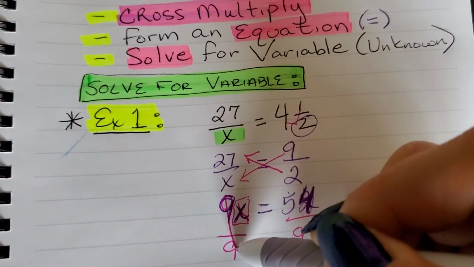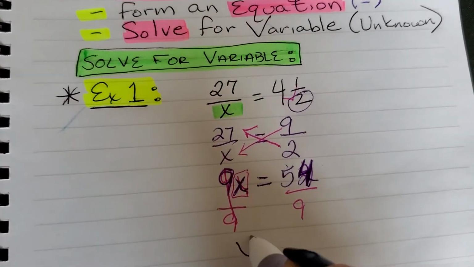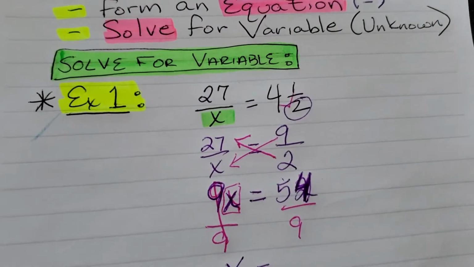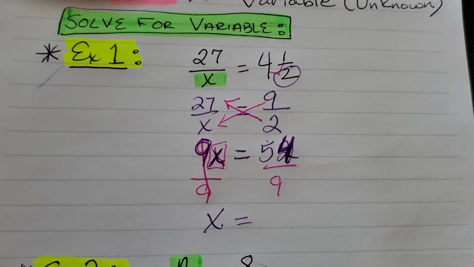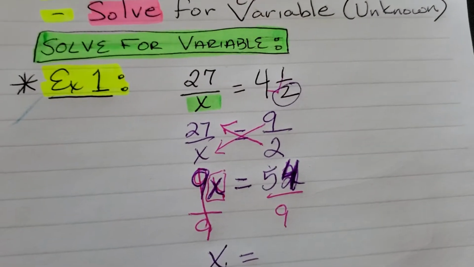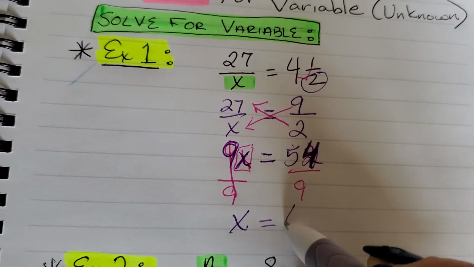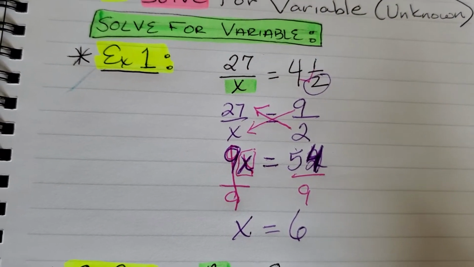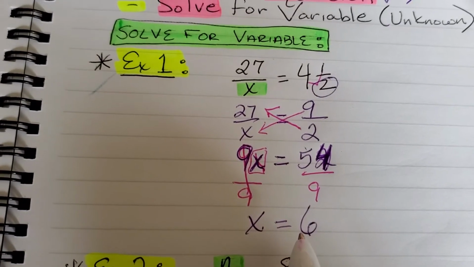So 9 divided by 9 is 1. We are left with our x. Comes down, bring down our equal sign. And just not to make any more mistakes, Alexa, what is 54 divided by 9? 54 divided by 9 is 6. Reconfirming. So x in this unknown is 6, okay?